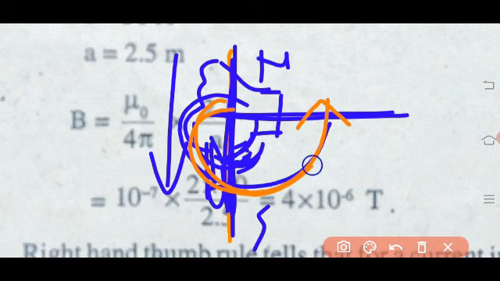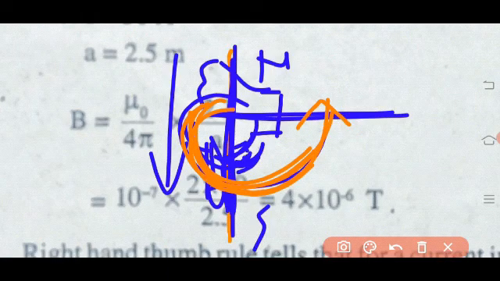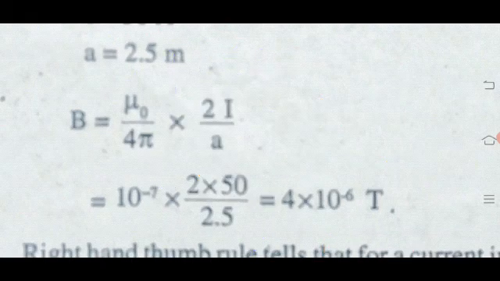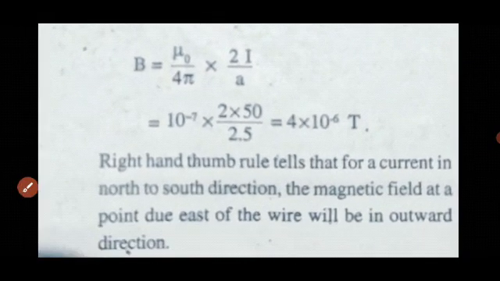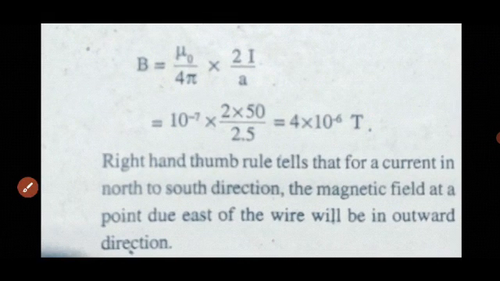So this is how your fingers are curled, and this is the direction of magnetic field B. Just see the answer. Right hand thumb rule tells us that for a current in the north to south direction, the magnetic field at a point due east of the wire will be in the outward direction.